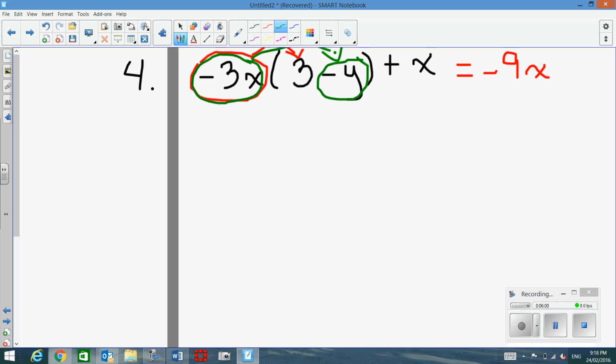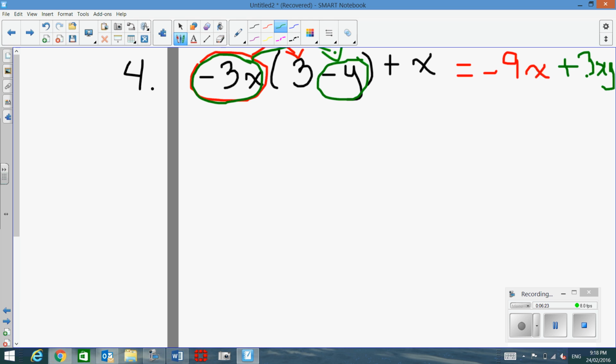So a negative 3 times a negative y is going to make a positive. So we put a plus sign for positive. And then we have the 3 as our coefficient. And we have an x and a y. So we're going to put both of them on. All right. So now we have negative 9x plus 3xy.